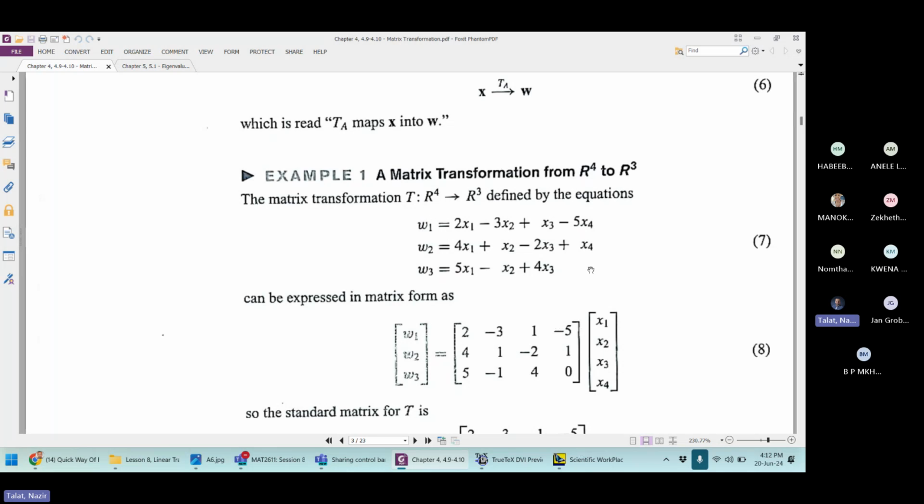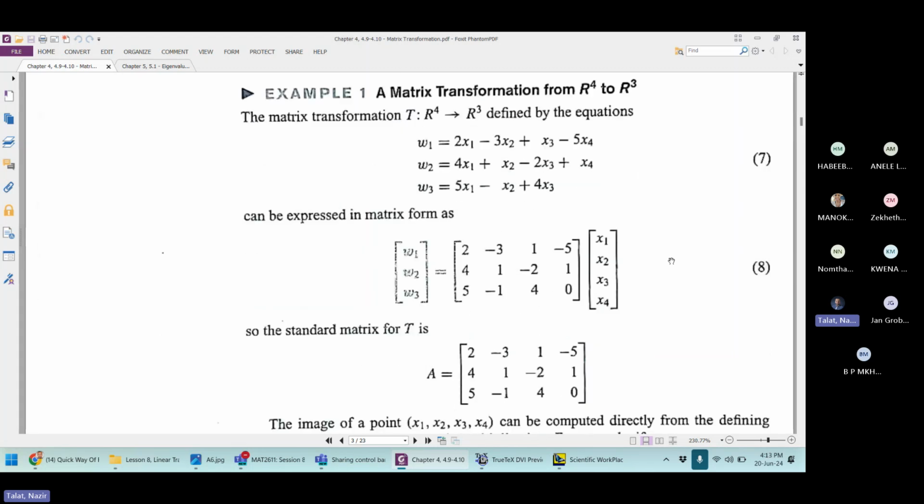We can express this in matrix form: we combine w1, w2, w3 on the left side, and in the center we take the coefficients like 2, -3, 1, and -5 and combine them, which gives us a matrix. On the other side we put x1, x2, x3, x4, and if we multiply this out, it again becomes its equivalent form. So we can write it in matrix form.